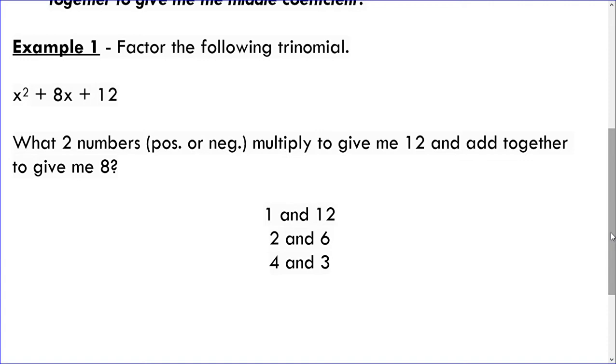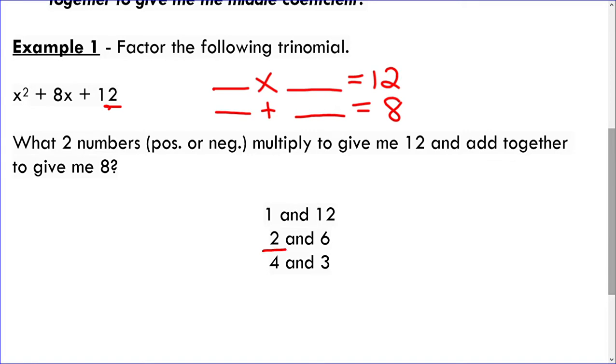If I start looking for multiples of 12, I've got 1 and 12, but I can't make those add to make 8. I've got 2 and 6, and 2 plus 6 does give me 8, so there's my option. And 4 and 3 make 7, which doesn't work. So really, 2 and 6 is my option here.